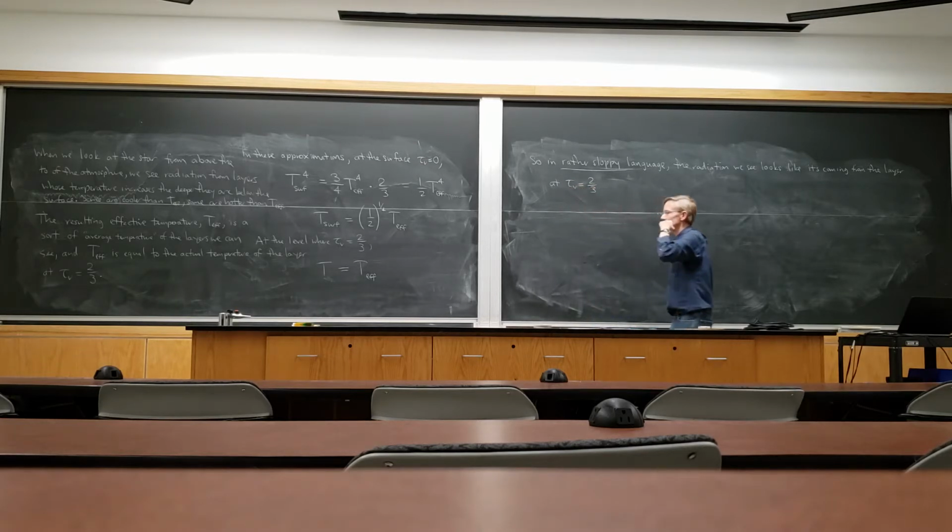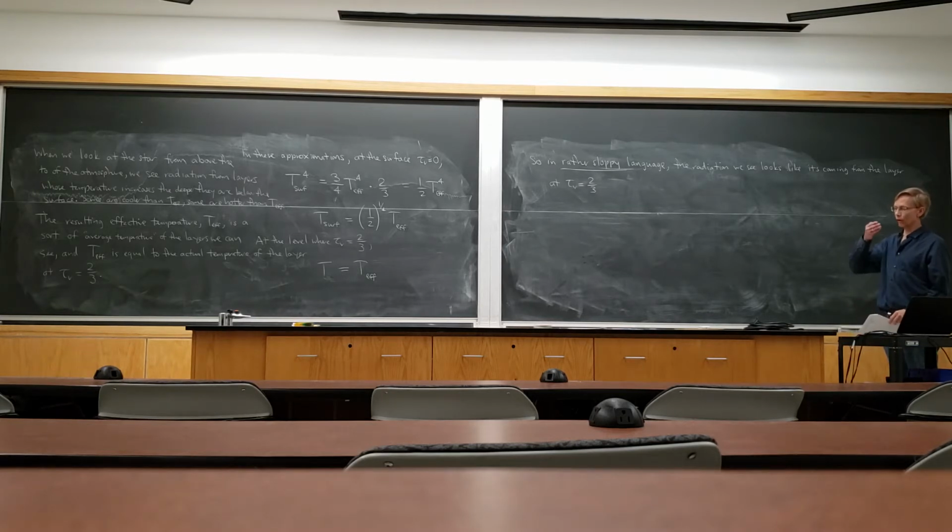Put another way, if the temperature wasn't changing with depth, and all the layers had that same temperature as the layer at tau v equals 2/3, we'd be seeing radiation whose temperature was Tef purely. We get black body radiation at that temperature. We really see a blend from different layers, and so it looks like it's coming from the layer at tau v equals 2/3, so to speak.